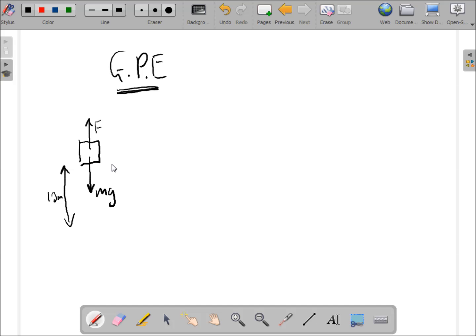And I'm going to do a mathematical proof in a later video showing exactly how the numbers work out for that. By showing that example, we can work out that the minimum amount of work we're going to need to do getting it to that height, so it's exactly at rest at that height, is, as we said before, the force, because it's in the same direction as the distance, times the distance travelled.